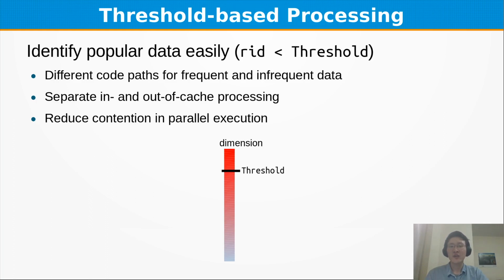Then, during query processing, we can just compare with this threshold to separate the code paths of frequent and infrequent data. In this way, we can use faster code for cache resident data, or in parallel execution, we can reduce contention caused by data skew.